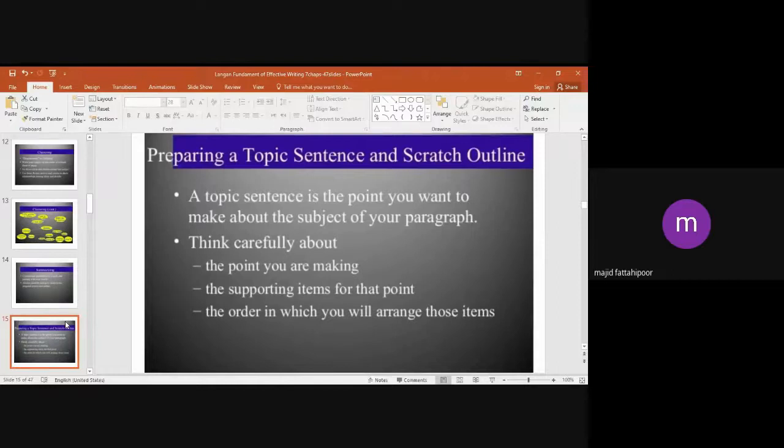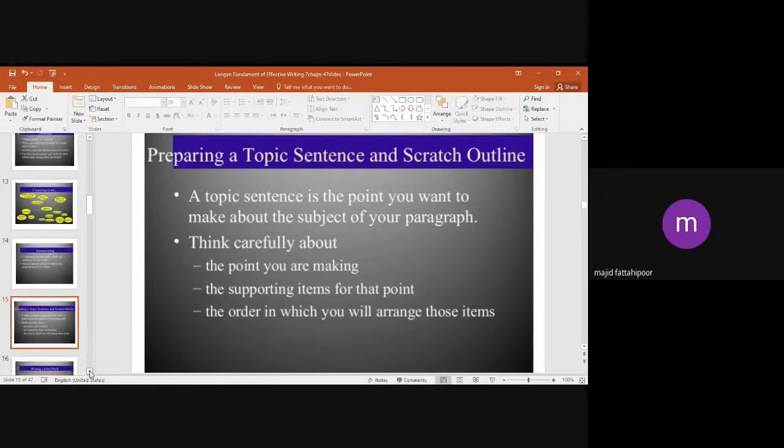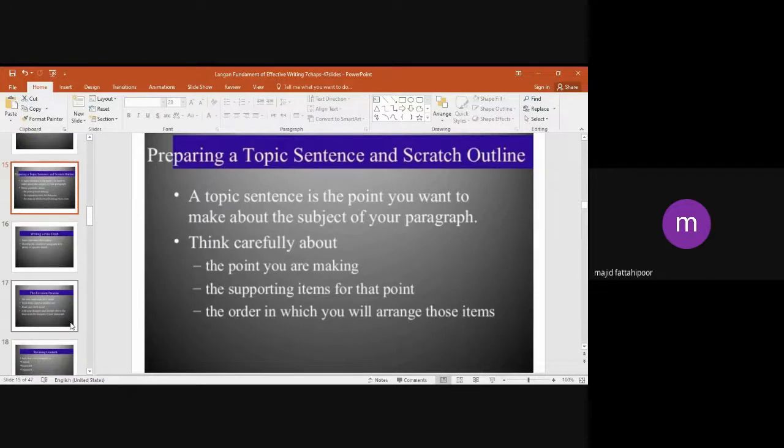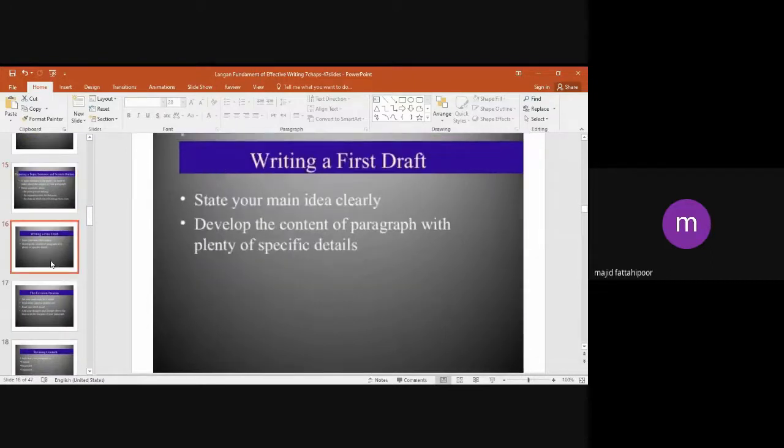So for writing a topic sentence, you think carefully about the point you're making, the supporting items to that point, and the order in which you arrange those items. These three things are very important: the point, the supporting items, and the order. Writing a first draft is the first time you write a paragraph after all these stages, which are not very time consuming.